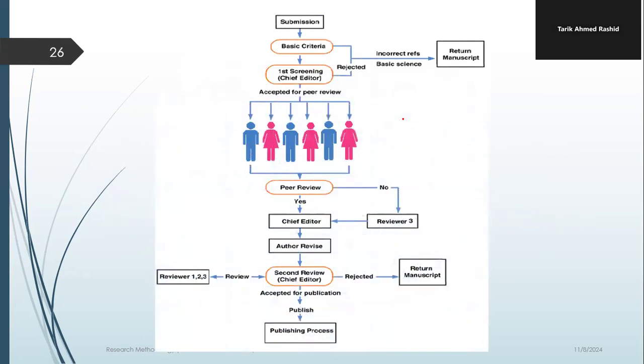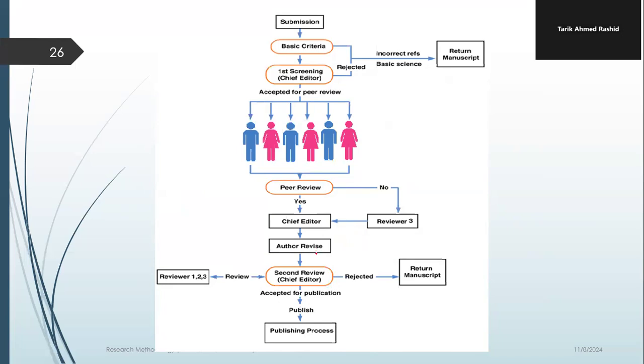Here, when you send a submission, as we talked about, it goes to the chief editor, who can reject it straight away or give you some comments. If it is accepted and successful, it goes to the peer reviewers. They will peer review and send feedback to the chief editor, and the chief editor will send it to the author to revise.